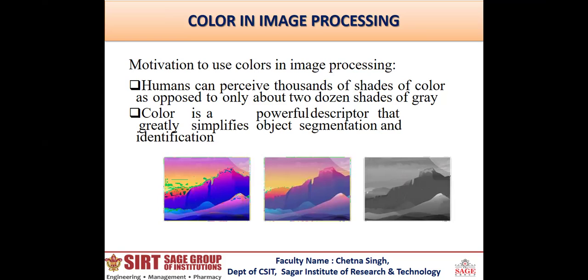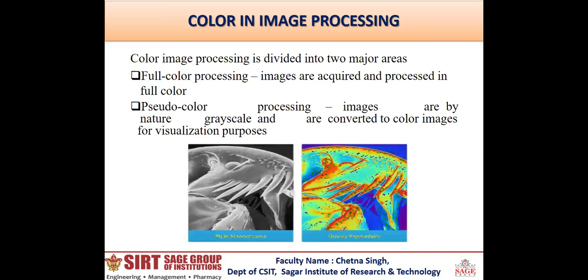When we explain a theoretical topic, it takes time to understand. But when we display an image, with the help of a color image, we can explain lots of things with that picture. So color models play a primary role in image processing.